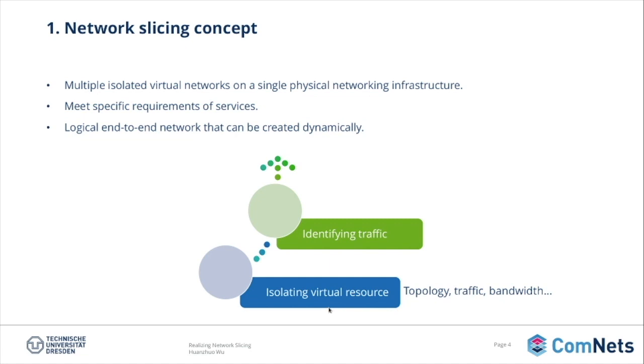And the second part which is needed is a set of rules for identifying the traffic that runs on those slices. So basically in our implementations, we will follow these two steps to implement our network slicing applications.